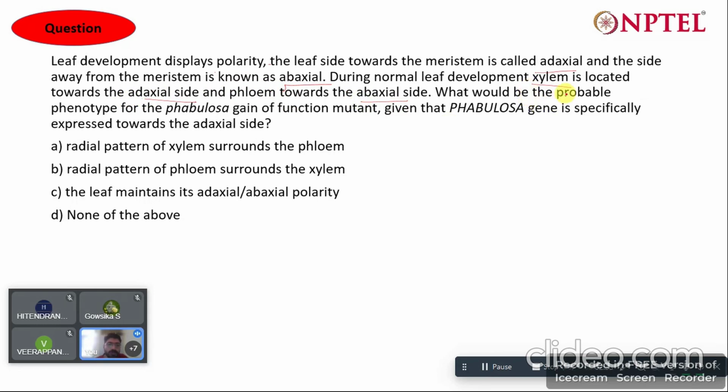So what would be the probable phenotype if the fabulosa gene has a gain of function mutation, given that the fabulosa gene is specifically expressed towards the adaxial side? So you have a fabulosa gain of function mutation, and you have to find out the phenotype of that plant. The options are: either the xylem would be radial surrounding the phloem, or the phloem would be radial surrounding the xylem.